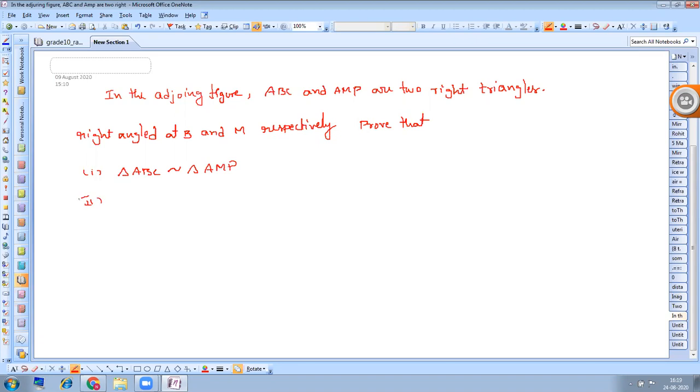The second one is CA by PA will be equal to BC by MP. So the triangles are like this.